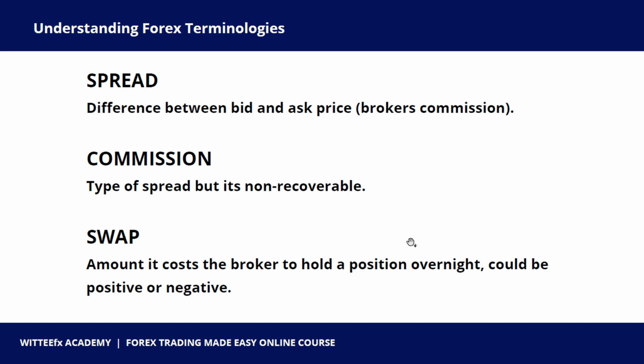Now commission is also a type of spread, except that it is non-recoverable. This is the major difference. If your broker is charging you spread, as soon as you place a trade, your broker deducts that spread. If you place a trade to buy, buying means you want price to keep going up. Immediately, your broker gives you an entry price at a less favorable price because the broker needs to take their commission.